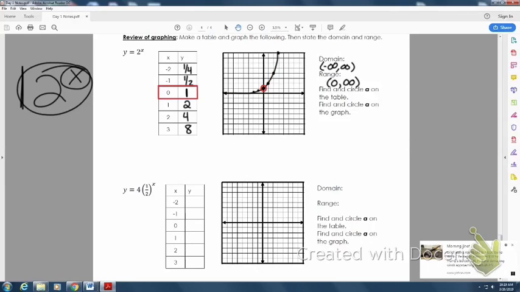Next, let's go through this one down here. So I've got 4, 2, 1/2, 1/4, 8, 16. Go ahead and just give you those values. So again, there's 0, 4 on the table. That's my a value. And that is my y-intercept.